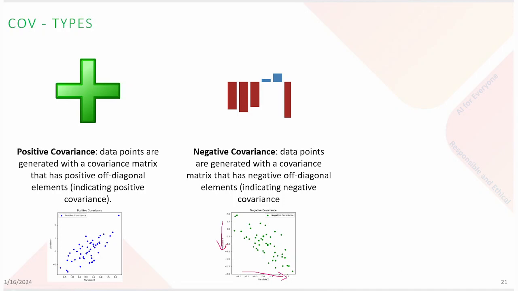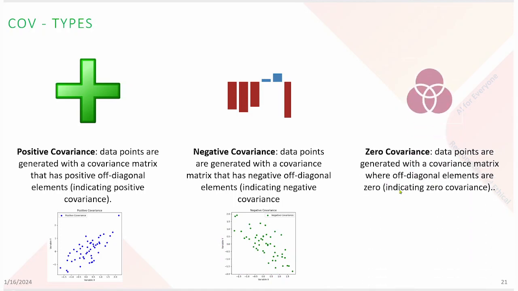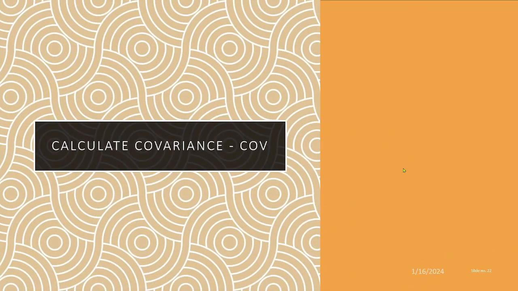So that's called negative covariance. And zero covariance is when there is no impact on the other variable because of a change in one variable. The points will be randomly spread, so it doesn't tell you much in terms of linearity or direction, whether a change in variable x has a similar effect on the other variable.